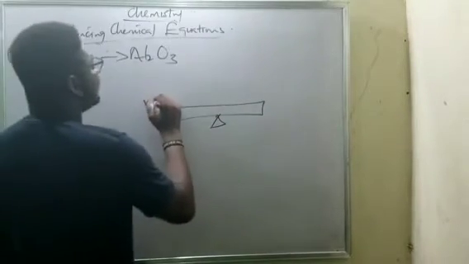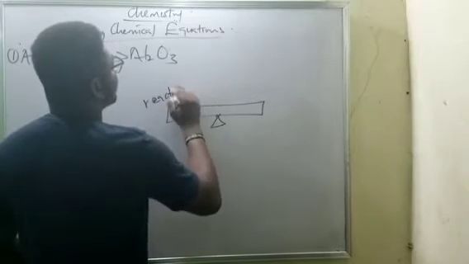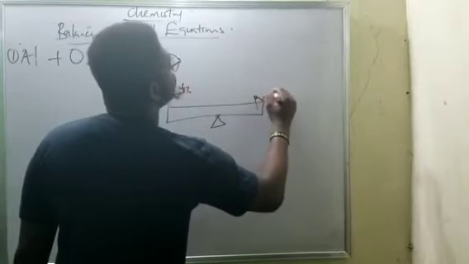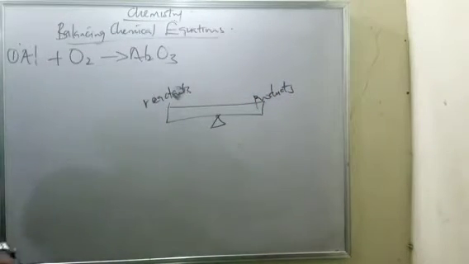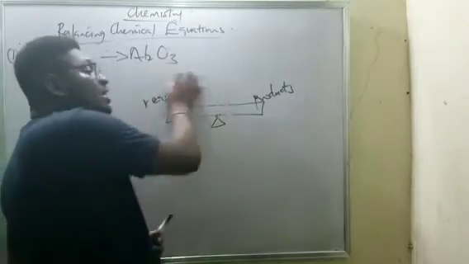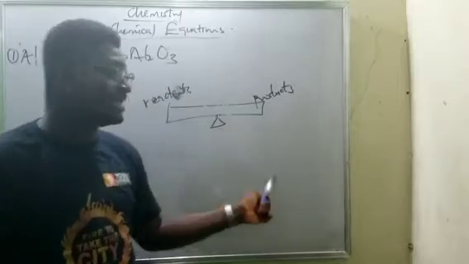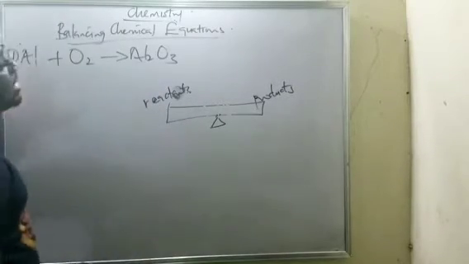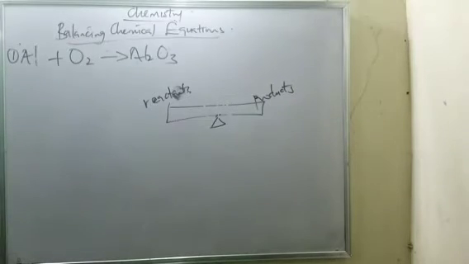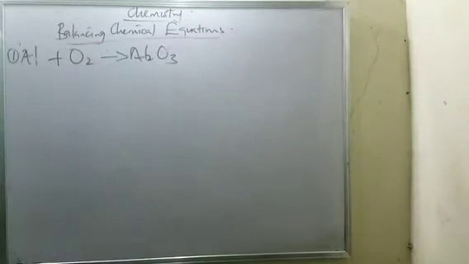Let's say we have our reactant here, and we have our product here. This is a balanced reaction. Why? Because the same number of atom count we have in the reactant is the same number of atom count that we have in the product side. This is a balanced equation. So when you look at your equation, you should be able to look at the atom count, and this will give you a glimpse of whether it is balanced or not.